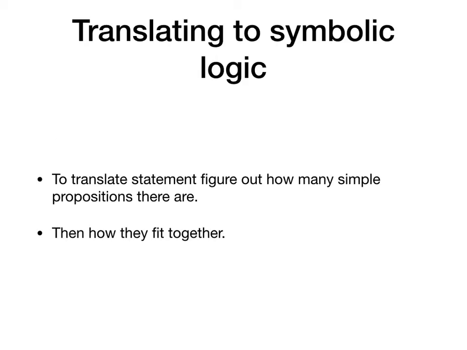So what I want to talk about is basically just translating and reading symbolic logic or propositional logic. So how do you translate a statement in symbolic or propositional logic? Well, the first thing you do is to figure out how many simple propositions there are in the sentence or statement, give each one a letter, and then you go through and figure out how they fit together.